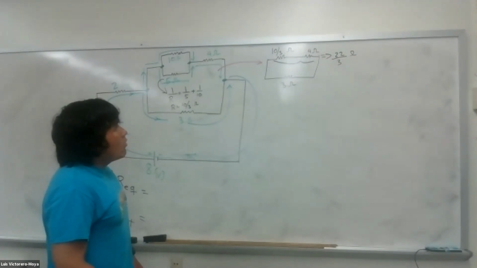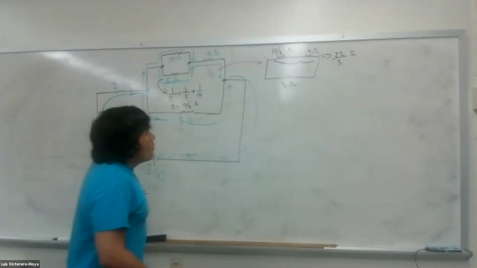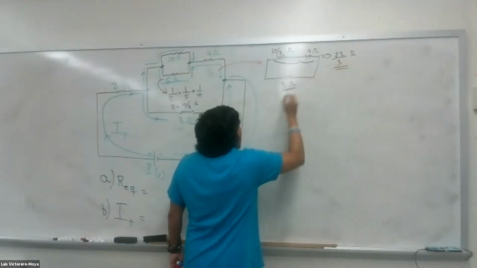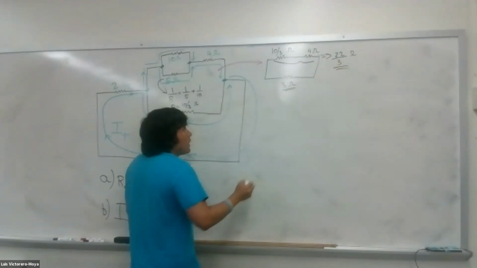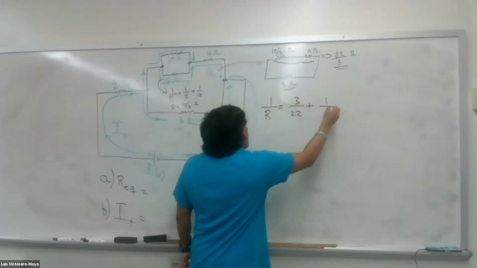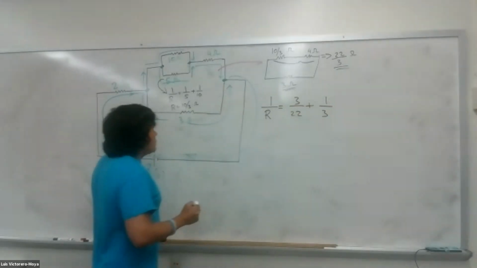And now we're gonna do parallel between this and this, right? So 1 over R equals 3 over 22 plus 1 over 3.